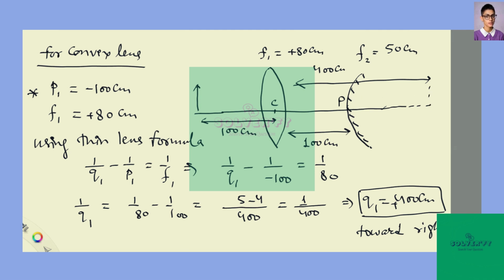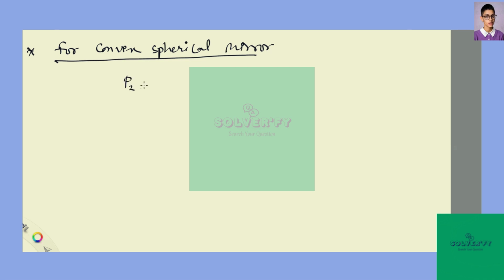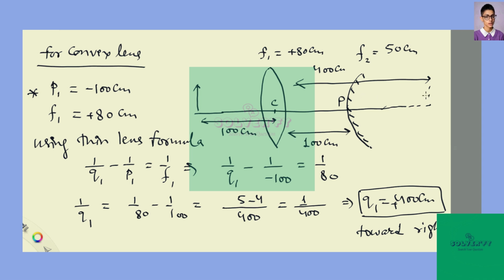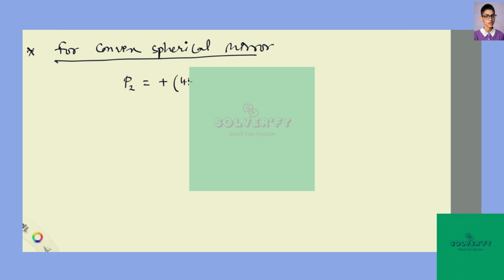So p2 is positive, as distances taken in the direction of the incident ray are taken as positive. So positive 400 minus 100 means 300 centimeter is the object distance for the convex spherical mirror.